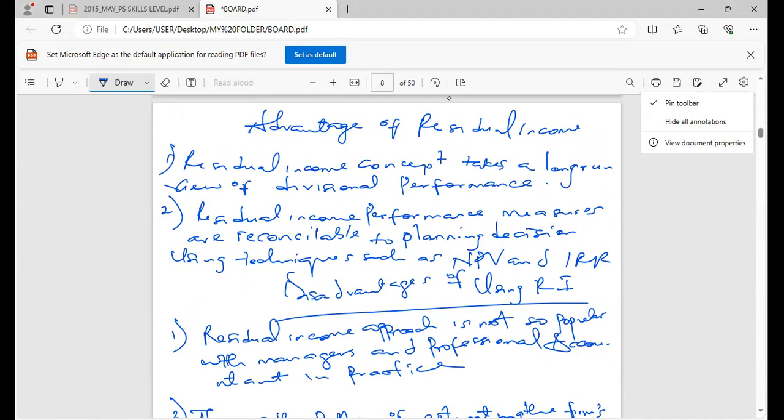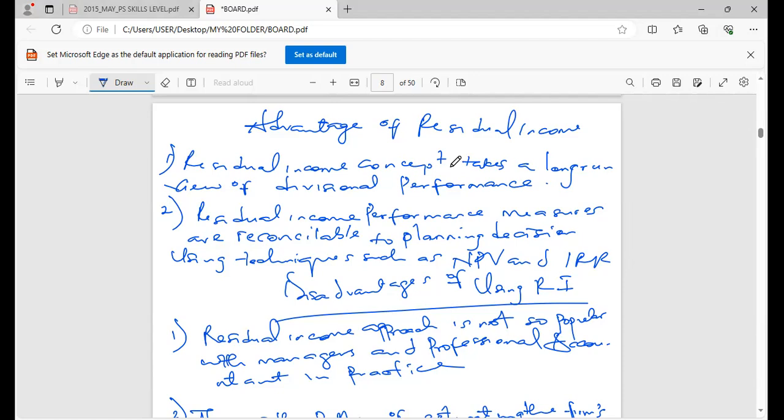That is compared to ROI, where all these can measure performance in the short run. But residual income considers a long-run view.